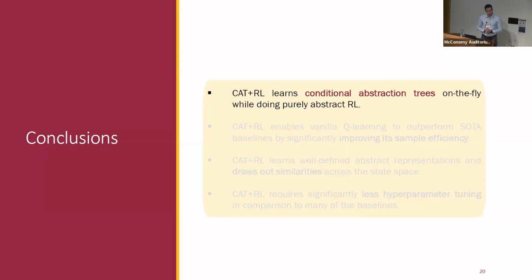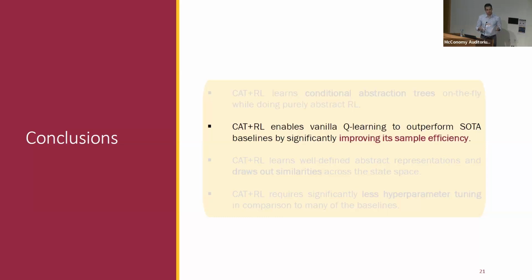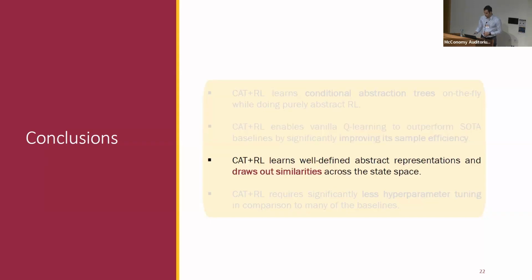To wrap up my presentation, I'm going to review some of the main concepts of this method. CAT-RL learns the conditional abstraction trees on the fly while doing reinforcement learning. As a result, a vanilla Q-learning has been able to outperform some of the well-known baselines as a result of improved sample efficiency.